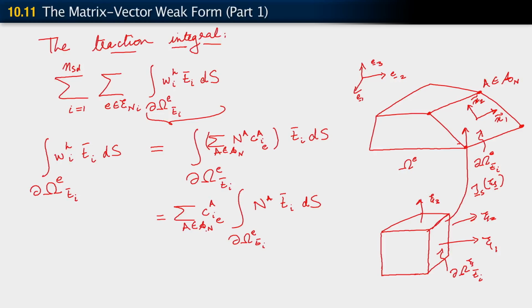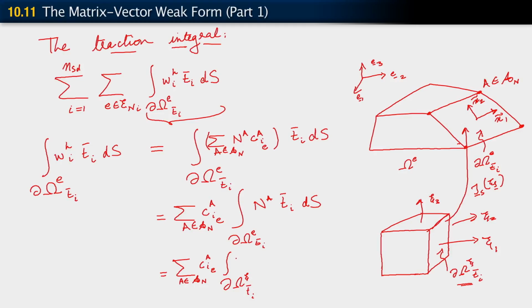Okay, all right. So using this map, the way we would construct this integral would be this. Now, the integral here would be over partial omega C T bar I, and for the way I've drawn it here, I'm suggesting that that is C2, C3. That is the C2, C3 plane, right?